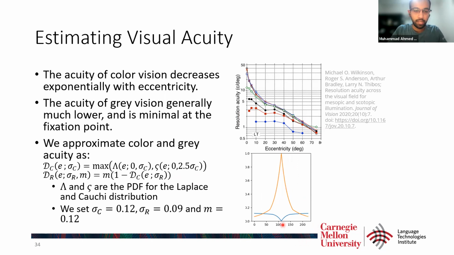Assuming that the fixation point is here, this is how the visual acuity of color vision or the cones decays as you go further away from the fixation point, and this is how the visual acuity or resolution of grayscale vision corresponding to the rod photoreceptors behaves.